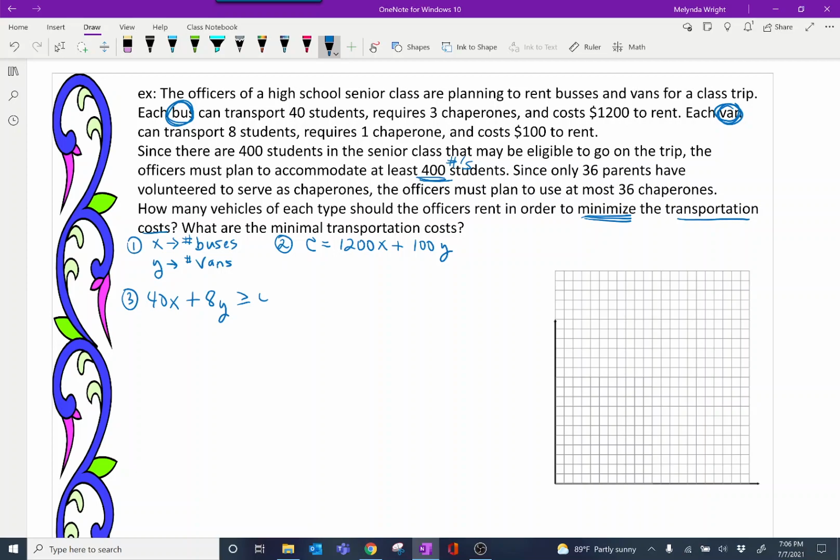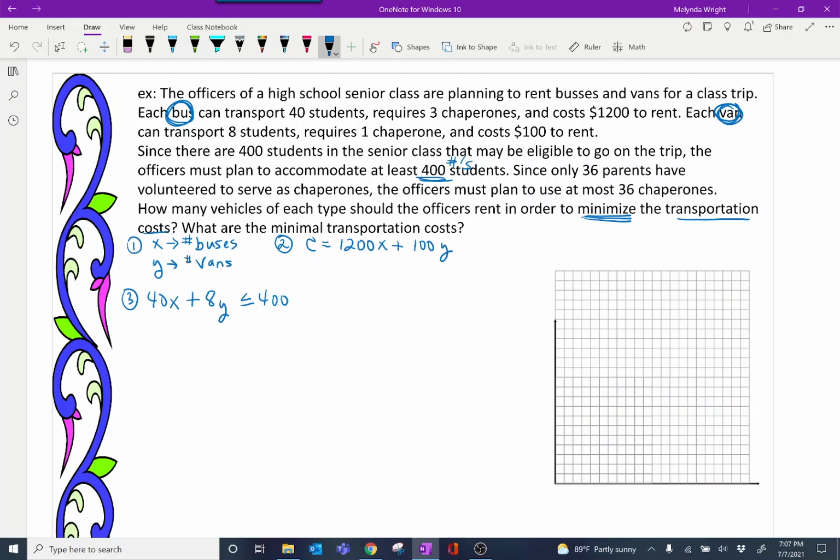Whatever 40x plus 8y is, 400 has to be the biggest number, so that combination has to be less than or equal to 400. It can't be more than 400 students because there are only 400 students. So that's a numbers equation.